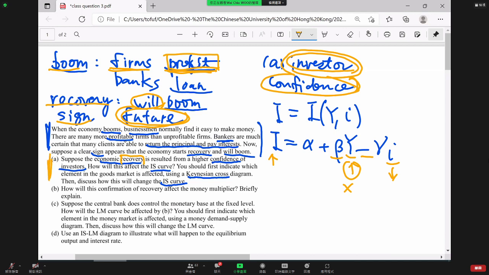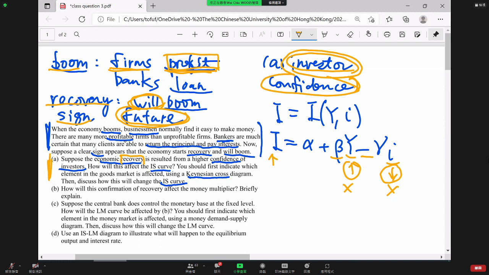Confidence is something about the future. It is not due to the cost of borrowing already being lower. If it is already lower, of course we will invest more. But now, talking about A, you are asked to analyze the effect from investor confidence, so it is not due to things that have already happened.